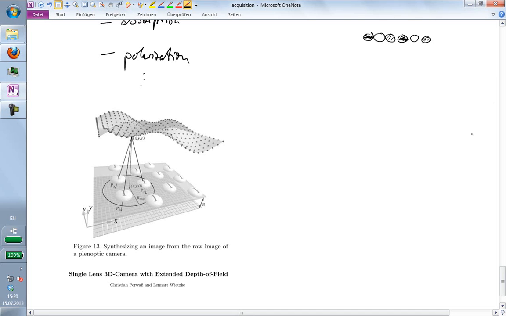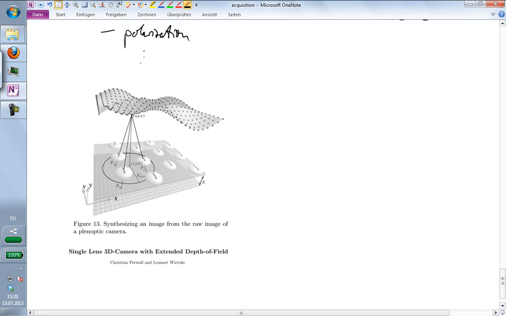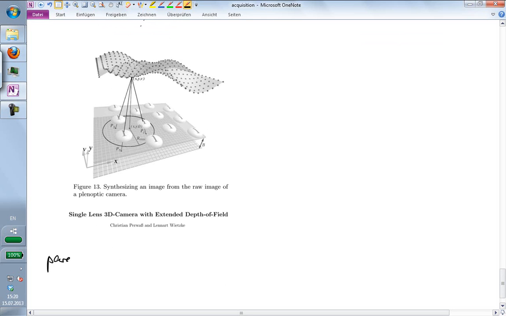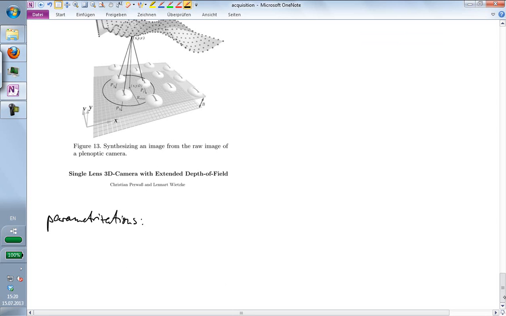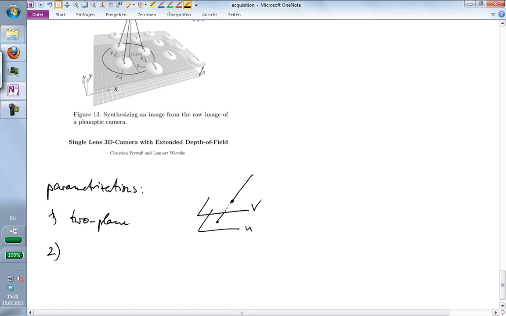For that, we need to settle on a parametrization. And the two parameterizations that are most frequently used are, on the one hand, the two-plane parameterization, which is the one that I've mentioned before. So you have, let's say, a coordinate u and a coordinate v, and that allows you to specify which ray we're talking about.